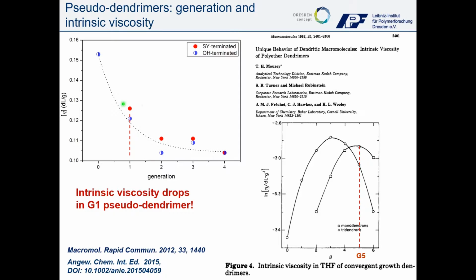And this intrinsic viscosity is dropping despite the increase of the molar mass, depending on the generation number. The specific behavior of the intrinsic viscosity was already observed for dendrimers after the 4th or 5th generation.